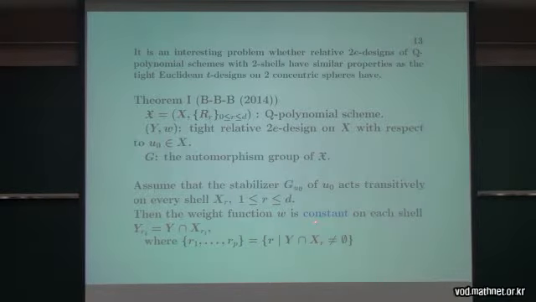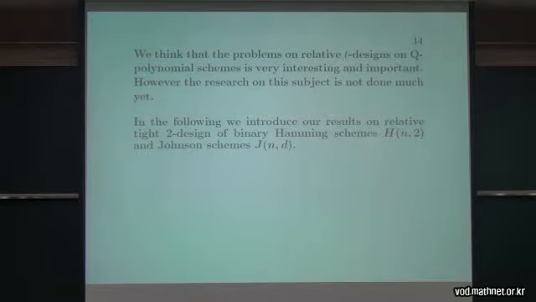This property: the weight is constant on each shell. We think that relative t-designs on Q-polynomial schemes are very interesting and important, but the research on this subject is not done much yet.